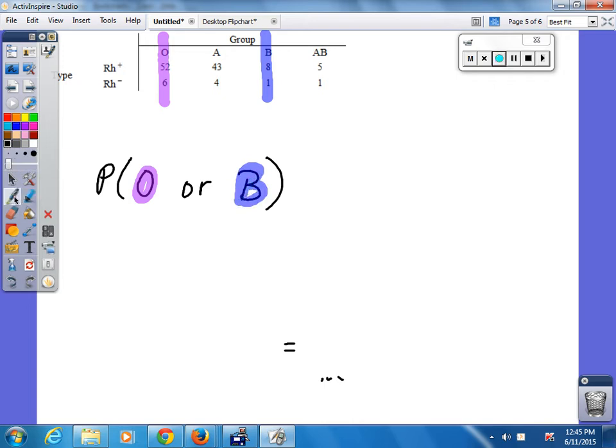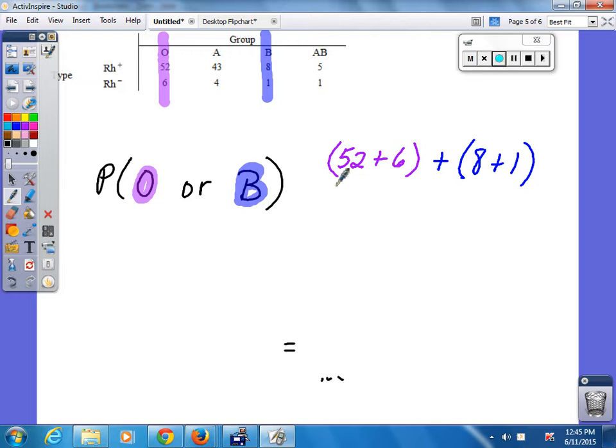So blue or purple, we're going to have 52 plus 6. And then we're going to add 8 plus 1. But what about the overlap, Hubert? If it ain't broke, don't fix it.